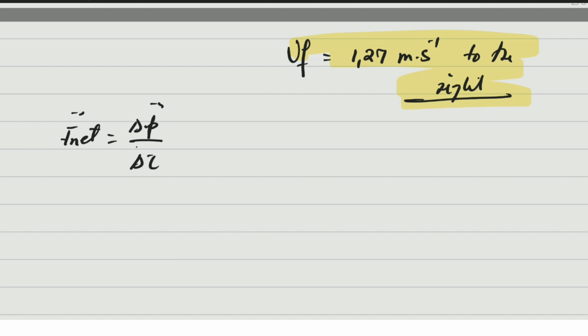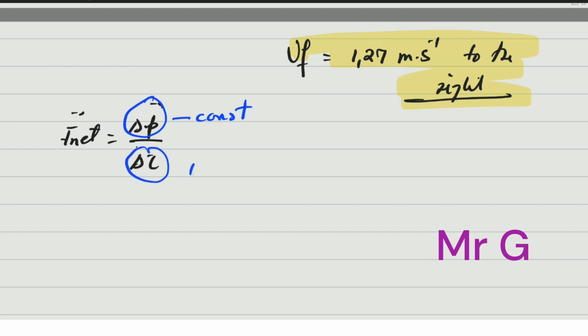And remember, we said that for the same change in momentum, if the time decreases, then the force will increase and will be very big. Or the other way around, if the time increases, then the force will decrease.